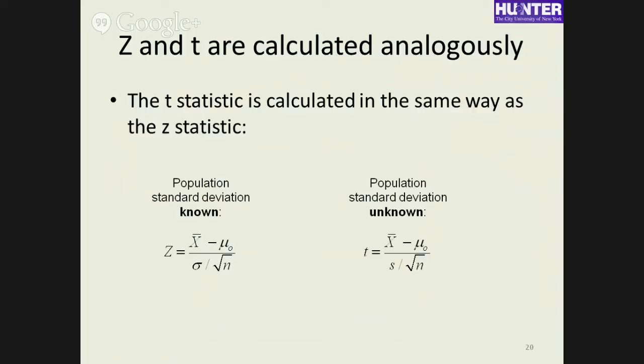No, sigma is the standard deviation of the population, and S is the standard deviation of the sample. But what about sigma also being the standard deviation of the sample? No, sigma is the standard deviation of the population.